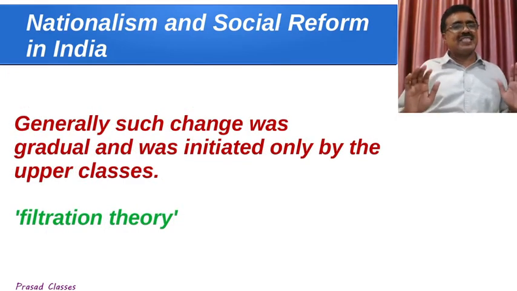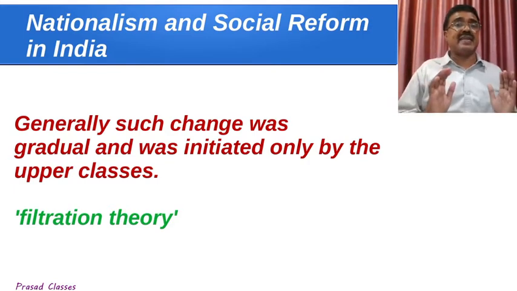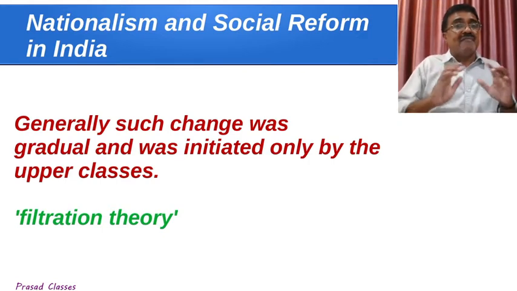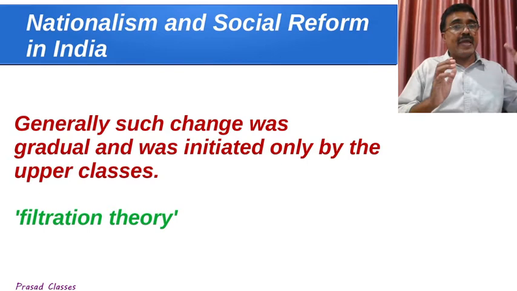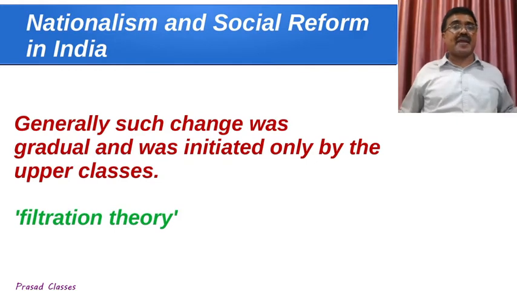Generally, such a change was gradual and was initiated only by the upper middle class. You can say the elite class. Sometimes it is called the filtration theory: the attitude, the aptitude, the ambitions, the way of life of an elite group is imitated or imbibed by the lower strata also.